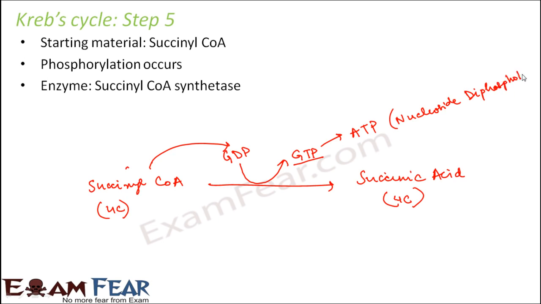So this is the enzyme which can actually convert GTP into ATP. So basically production of GTP in this step is also crucial because it is causing to synthesize ATP. So the products formed are succinic acid or succinate and GTP, that is guanosine triphosphate. So now we have reached till succinic acid, which is a 4-carbon compound.